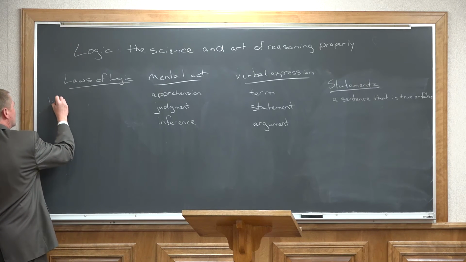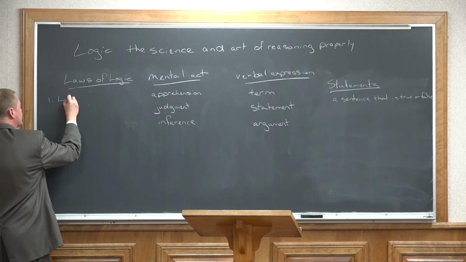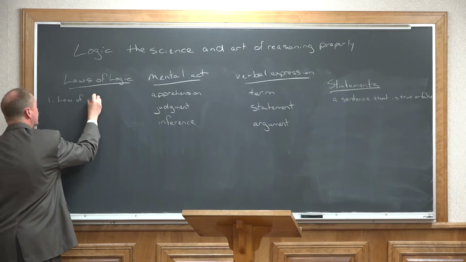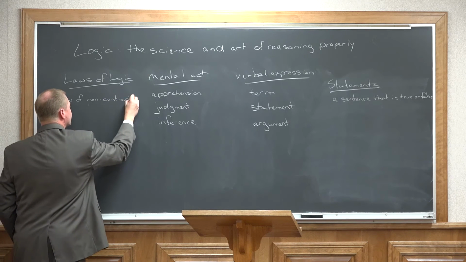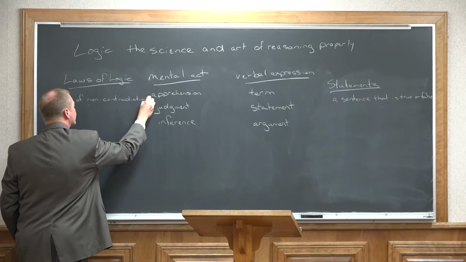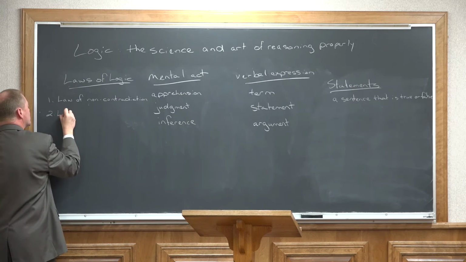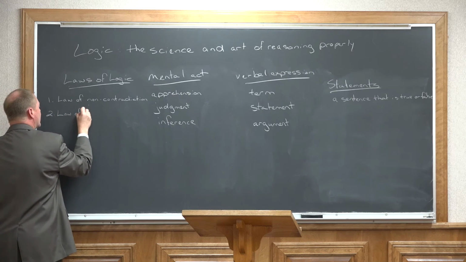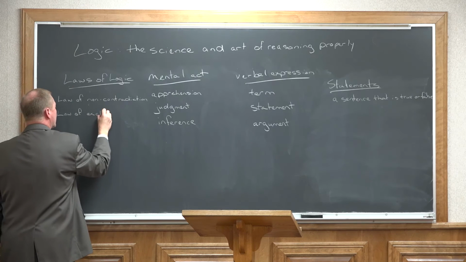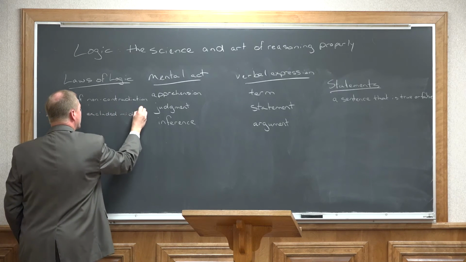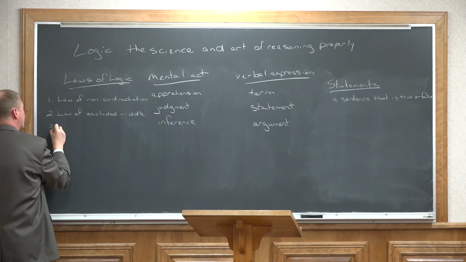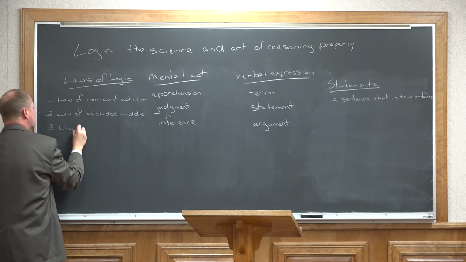There are 3 laws of logic. The first is the law of non-contradiction. The second is the law of excluded middle. And the third one, for you math majors, is the law of identity.